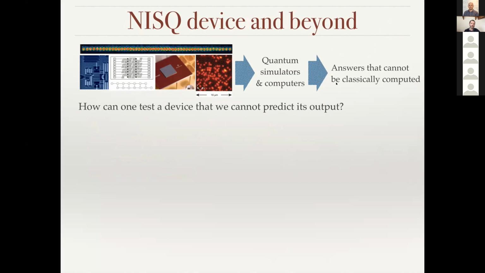So one of the questions I'm interested in is, can we test a device whose output we cannot predict? Sure, we can test it on simple cases we can simulate or where we know the answer, but can we trust it when it really utilizes the quantum advantage?